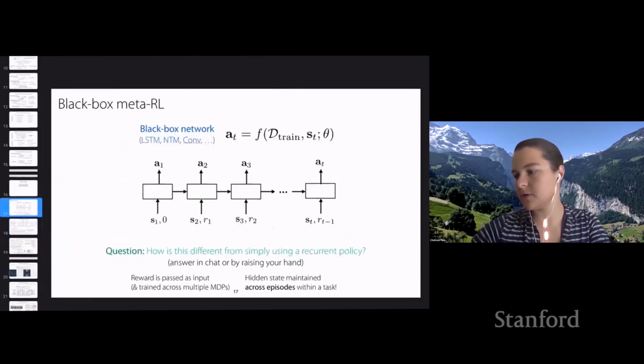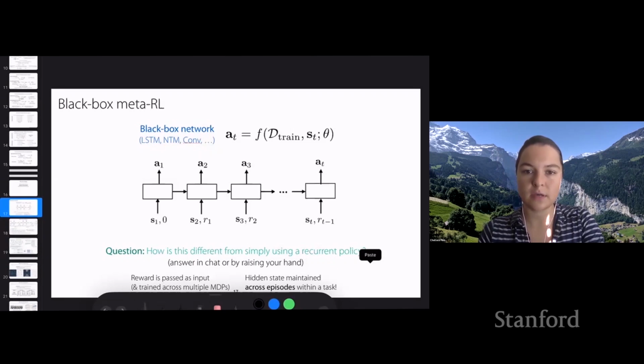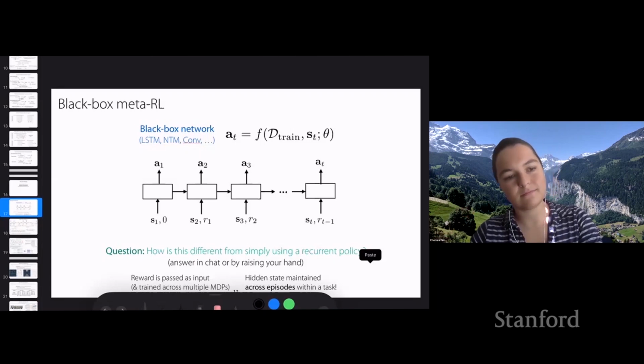The key difference from standard RL is that you are training it across multiple MDPs, and the hidden state is maintained across episodes within a task. So you're allowing the algorithm to learn across these episodes. That's the main gist of it.